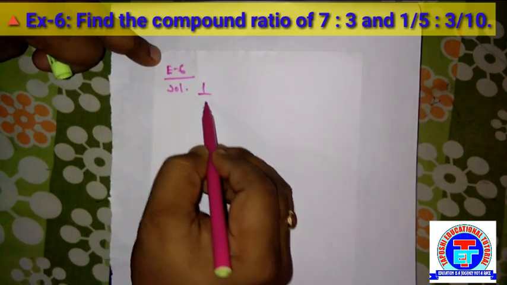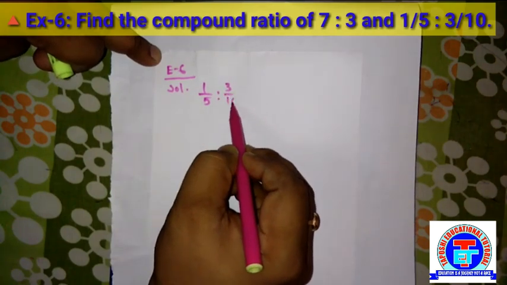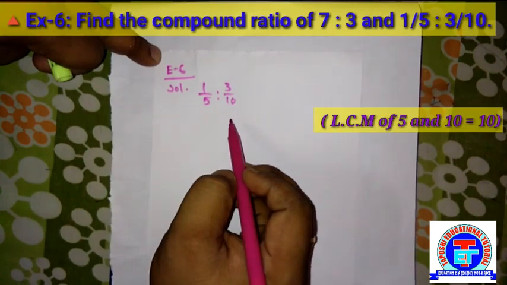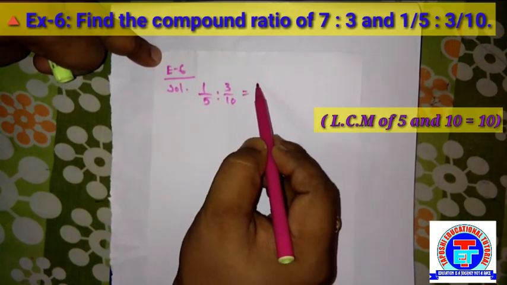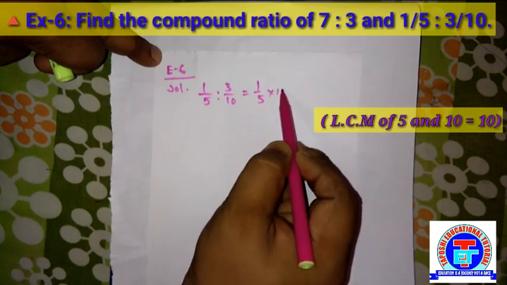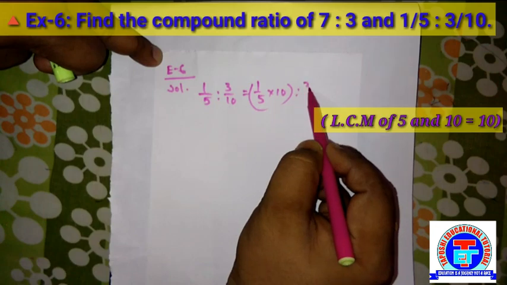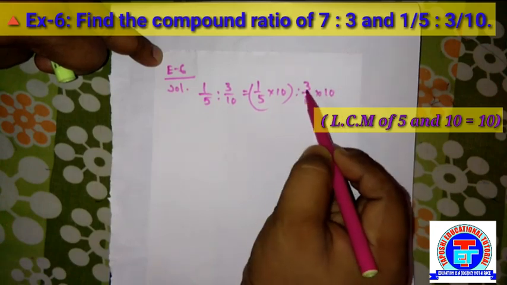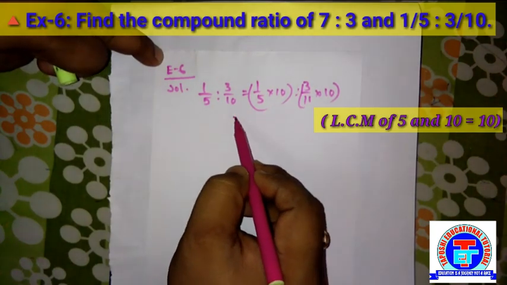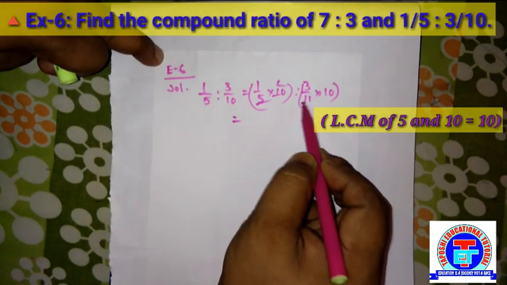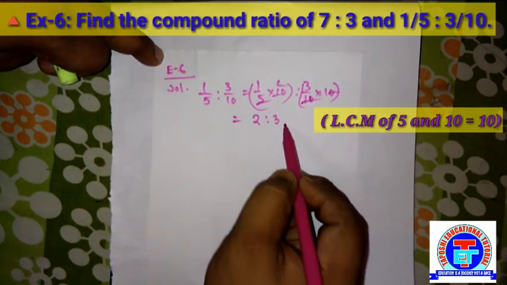Here 1 by 5 is to 3 by 10 is given, right? Here we write it equal to 1 by 5 into 10 is to 3 by 10 into 10, right? So the ratio will become 2 and 3. So 2 is to 3, correct?